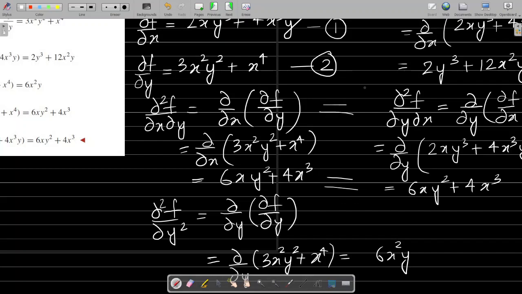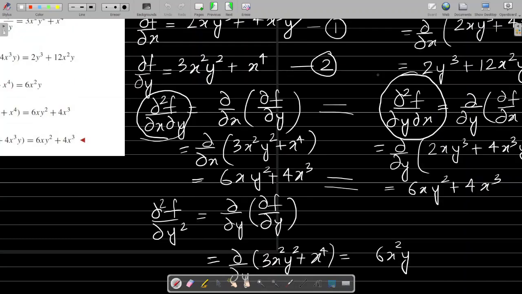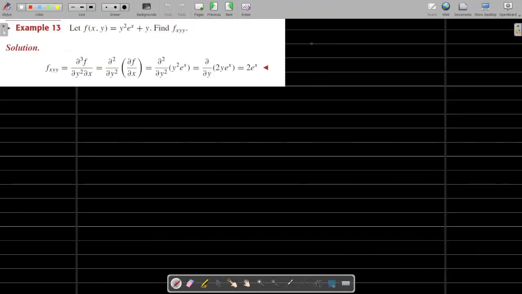If your f is a continuous function, then these mixed partials, ∂²f/∂x∂y and ∂²f/∂y∂x, will be equal. It is a theorem, it can be proved, but we are not concerned with the proof as of now. Just remember, whenever your function is continuous, these mixed partials are going to be equal.